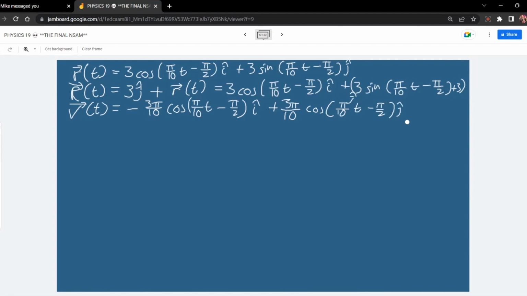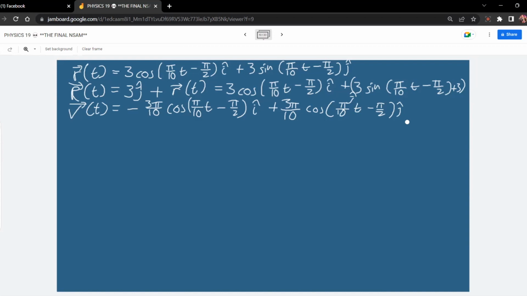Kaya, we-check na natin, no? Yung position vector sa x, cosine. So, ang derivative niyan, di ba dapat sine? So, yung I hat component mo may mali. Kasi, ang derivative ng cosine ay sine, di ba?